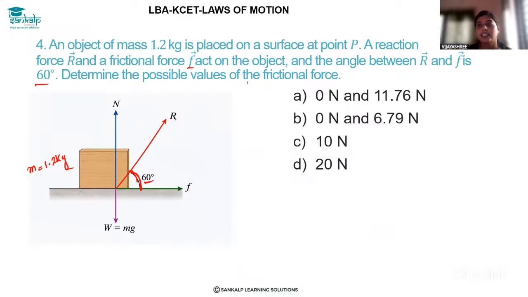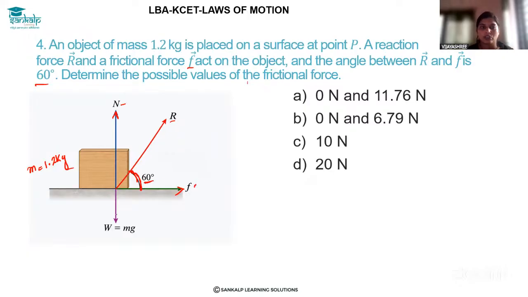It is the resultant of normal reaction N and frictional force F. Normal reaction acts vertically upwards and frictional force acts horizontally in the forward direction. If we take the resultant of that, we will get the reaction force, this R.